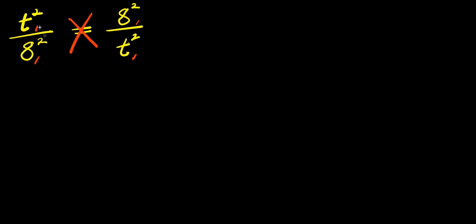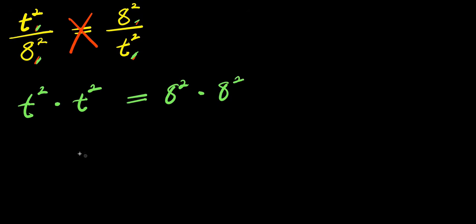So what will happen here is that the t² will multiply the t², and a² will multiply a². So we have t² times t², and this equals a² times a².